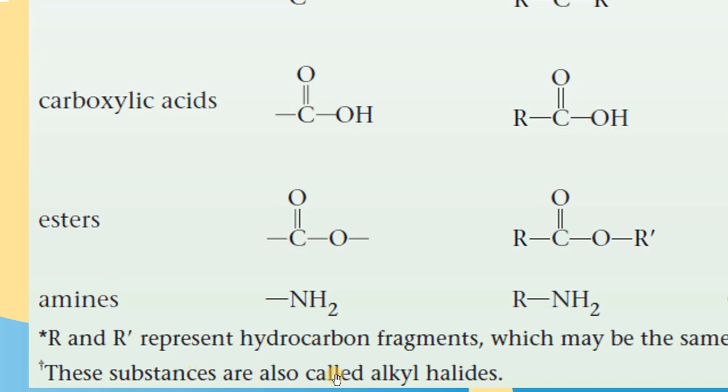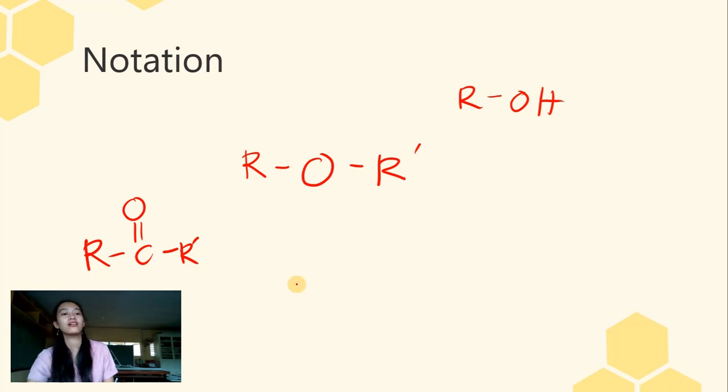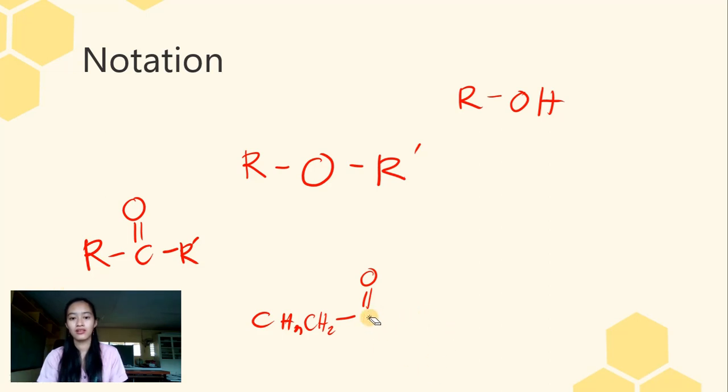These substances are also called alkyl halides. So this refers to any kind of alkyl. Your R could be CH3, CH2, connected to the CO, and the other R could then stand for another CH3, and so on.